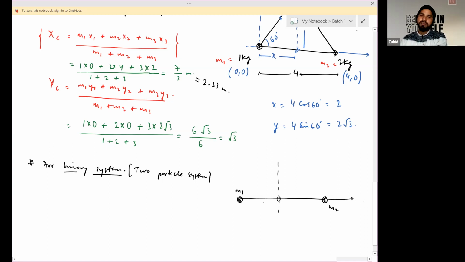So from this coordinate, we may define the position of the first body along the left hand side and the position of M2 along the right hand side, and the total separation of the particles is R.